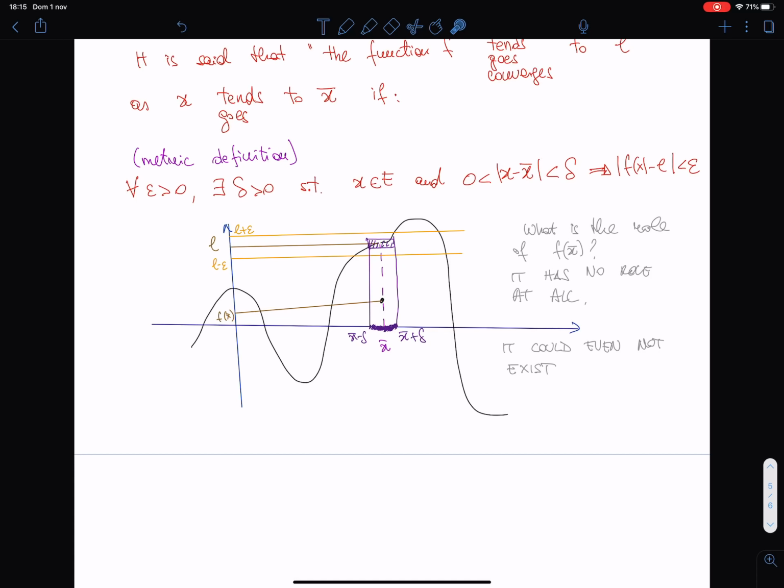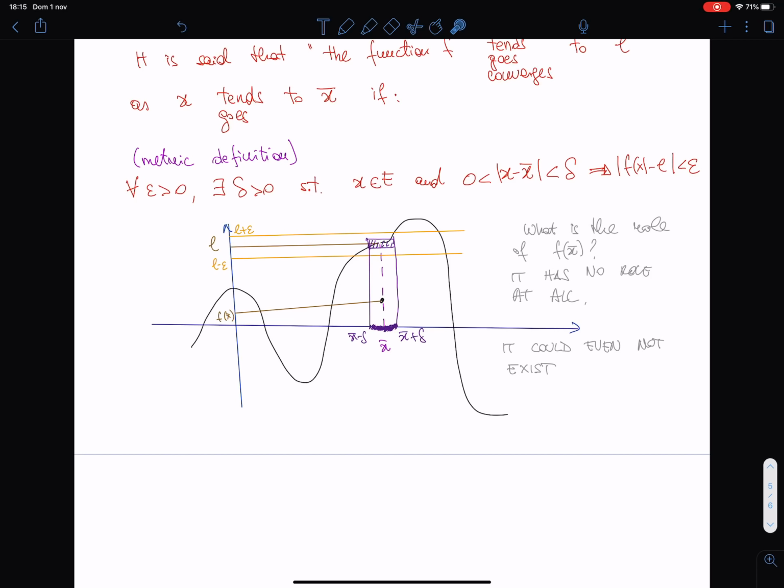So when you are computing a limit of a function for x going to some x bar, you can completely forget about f of x bar. It has no interest at all. When we will study continuity, it will change. The definition will change and f of x bar will be extremely important. But here, for the notion of limit, it has no role at all. Okay, put it in mind. So this is the first remark.